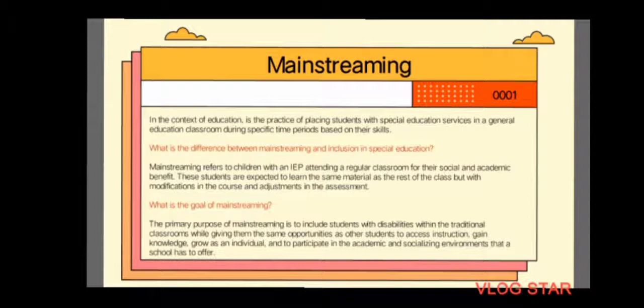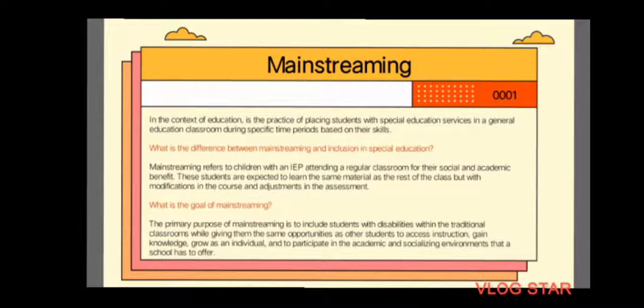So, next is what is the difference between mainstreaming and inclusion in special education? Mainstreaming refers to children with an IEP attending a regular classroom for the social and academic benefit. These students are expected to learn the same materials as the rest of the class, but with modification in the course and adjustment in the assessment.